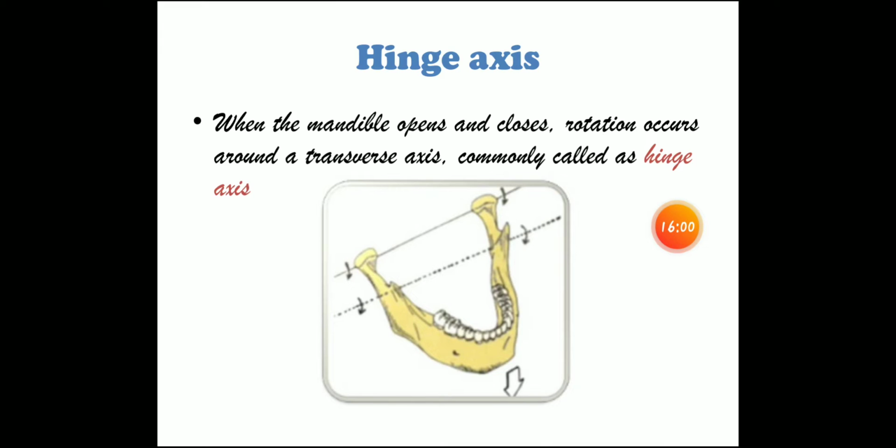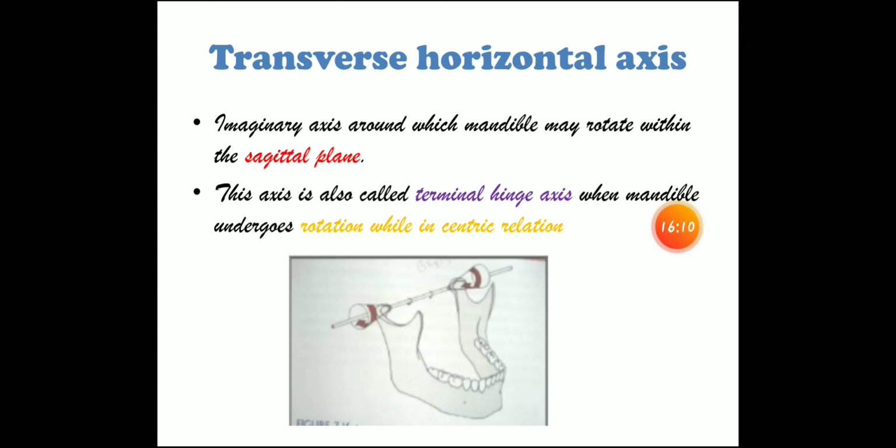We have already learned that in centric relation also there will be a purely rotation that is happening in the condyle. Okay, so if it is at the centric relation position, then it is called a terminal hinge axis. And there is another terminology also called transverse horizontal axis.